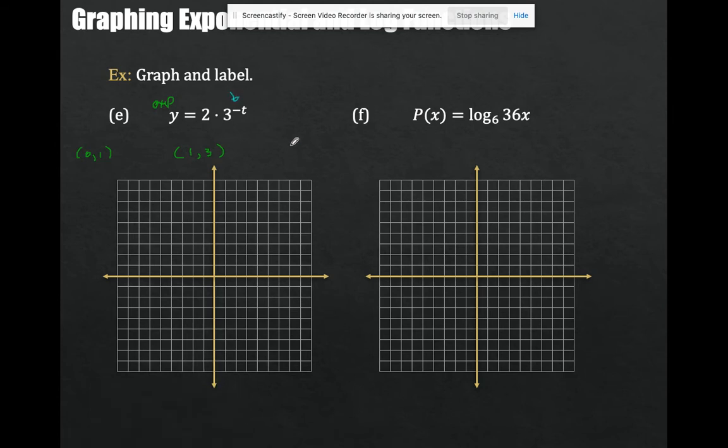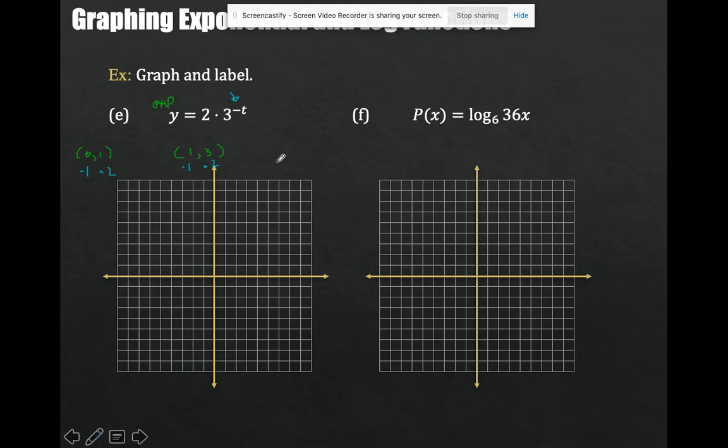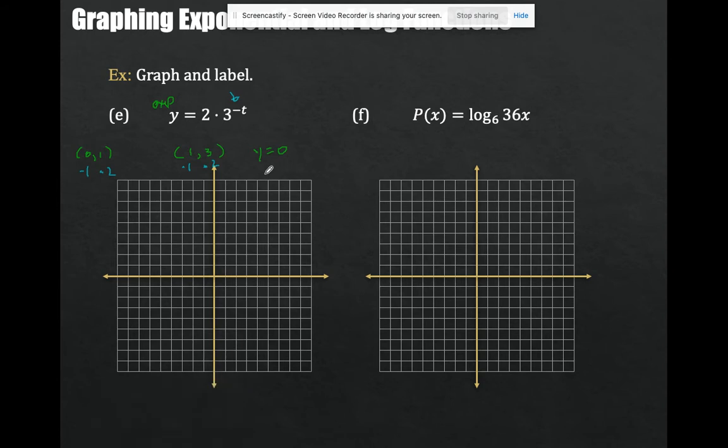Domain first. Multiply by -1. So I expect a reflection. Range next. Zero times 2 is still 0, so my horizontal asymptote doesn't change.